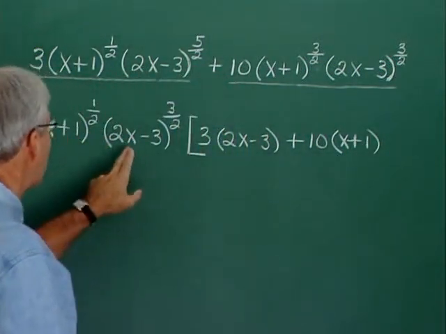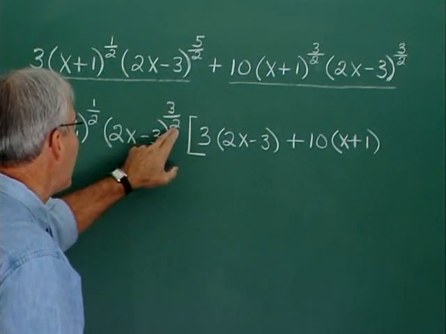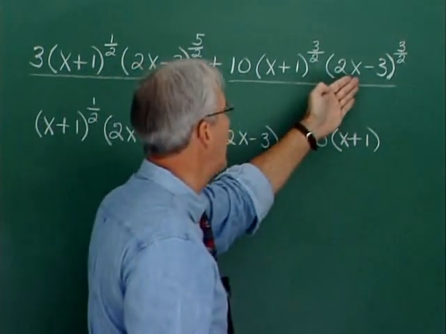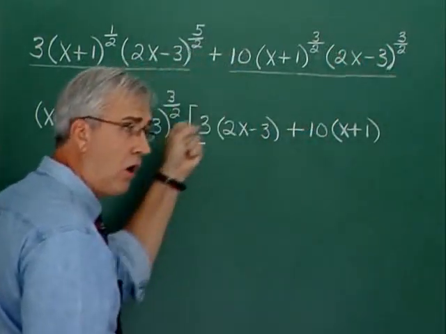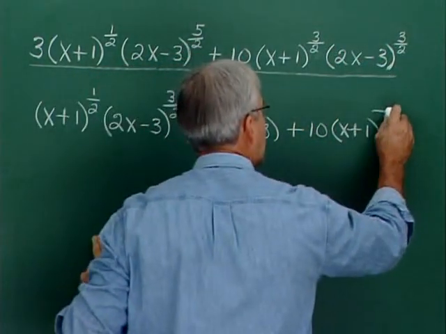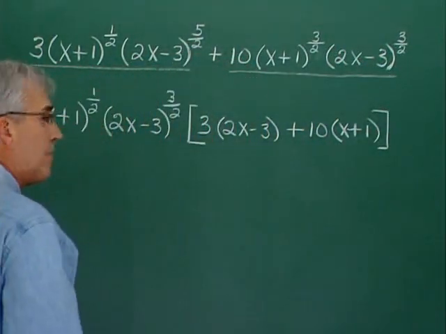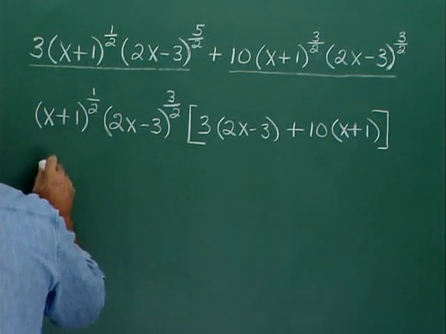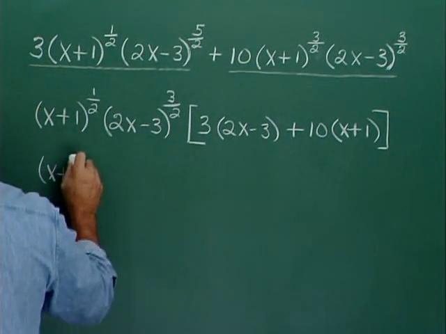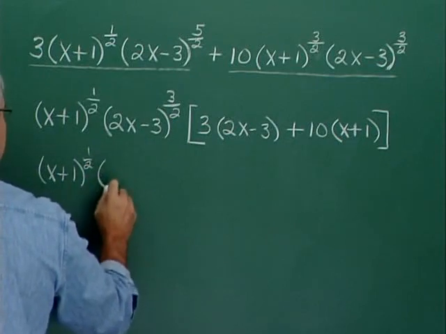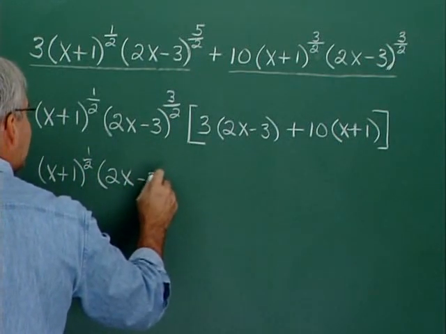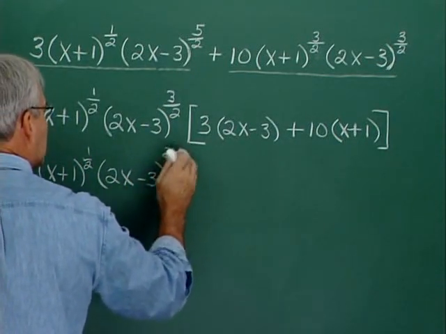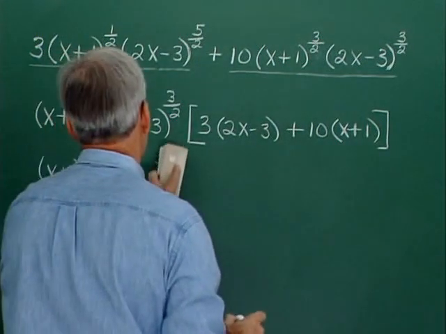All right, let's go on. We're pulling 2x minus 3 to the 3/2 out of 2x minus 3 to the 3/2. Oh, we're pulling all of that business out. So we're done here. Now it's just a matter of cleaning up. So we'll leave all of this alone. And the cleaning up is within the brackets.